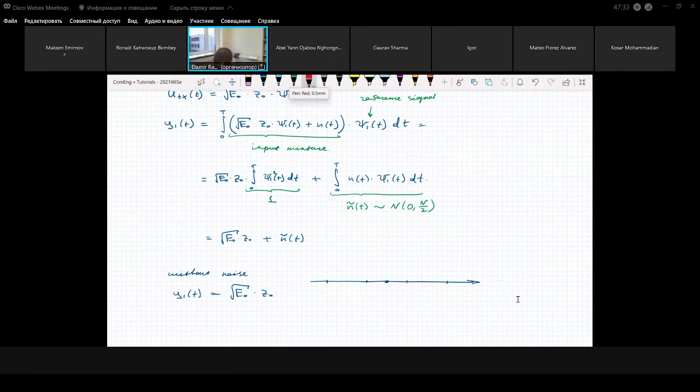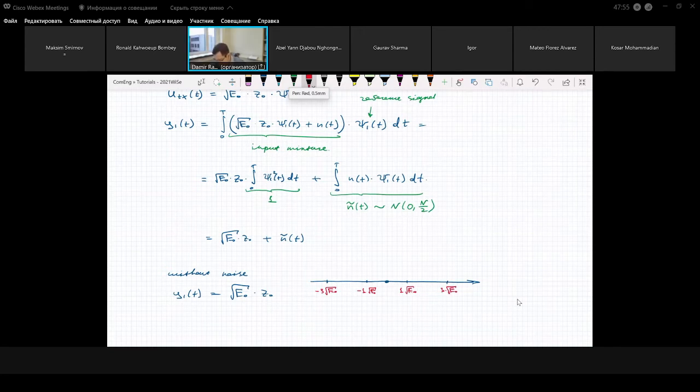So we have minus 3 square root of E0, minus 1 square root of E0, 1 square root of E0, and 3 square root of E0.